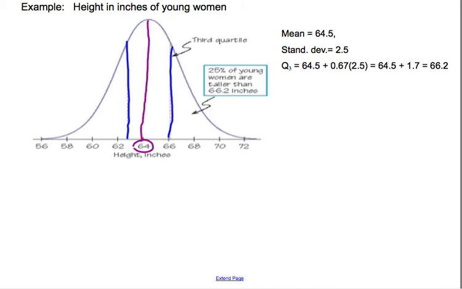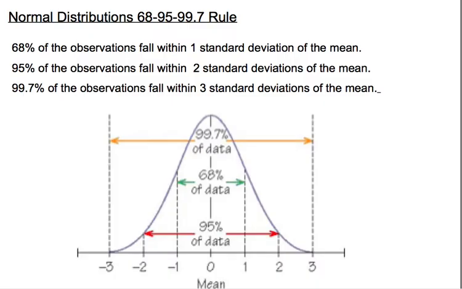So the mean is 64.5, so very, very close to 64. Then the standard deviation is 2.5. So we would say one standard deviation would go 2.5 on the right, 2 standard deviations, 3 standard deviations. Again, you're not having to take any notes right now.